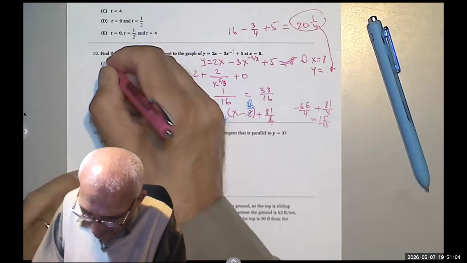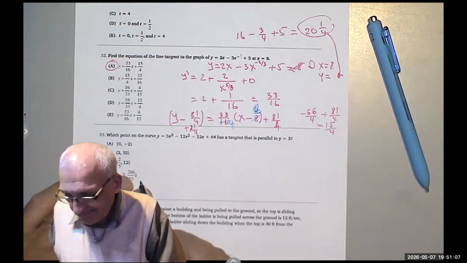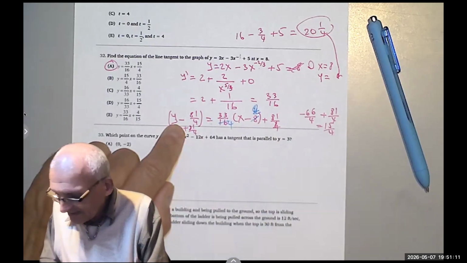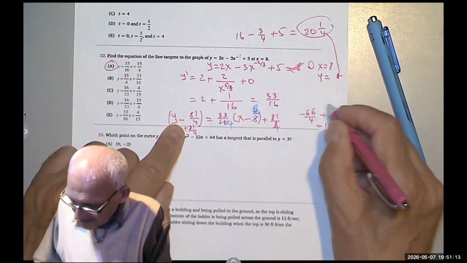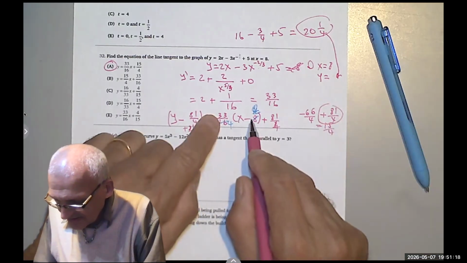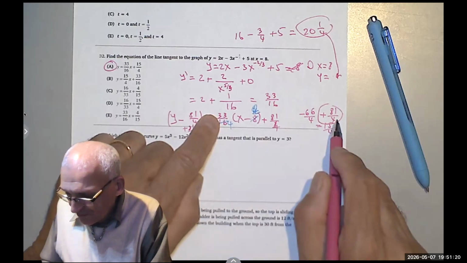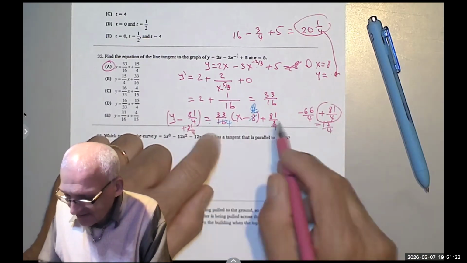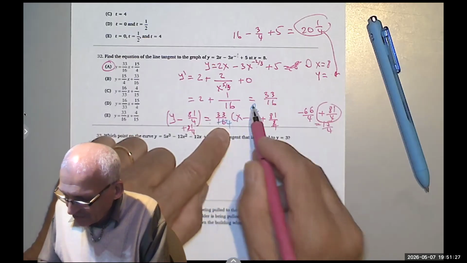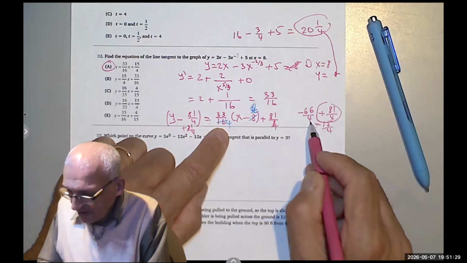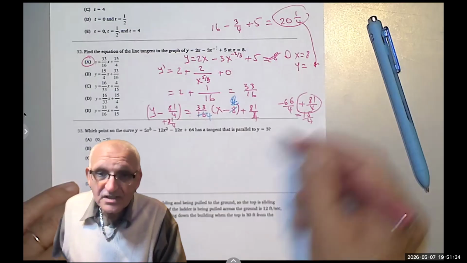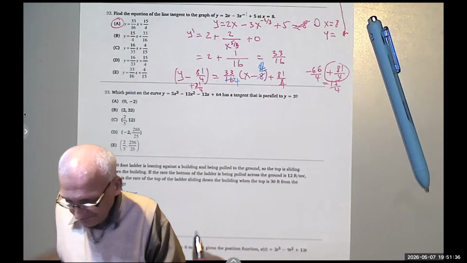So it's 8, 15 over 4. I have negative 81 over 4. When I move it to the other side, it becomes positive 81 over 4. And then I have negative 8 times 33/16. But since this is over a 4, I'm not going to simplify by 8. It's enough to simplify by 4. 33 times negative 2 is negative 66 over 4. You can use your calculator and say 81 minus 66, you get 15. So it's 15 over 4, or 8.